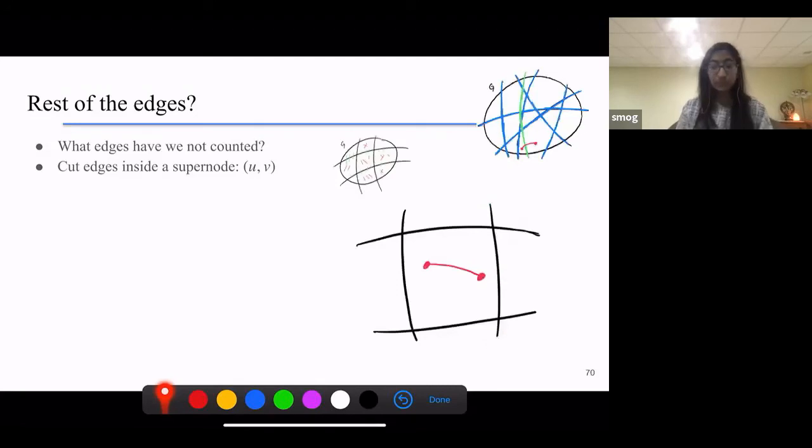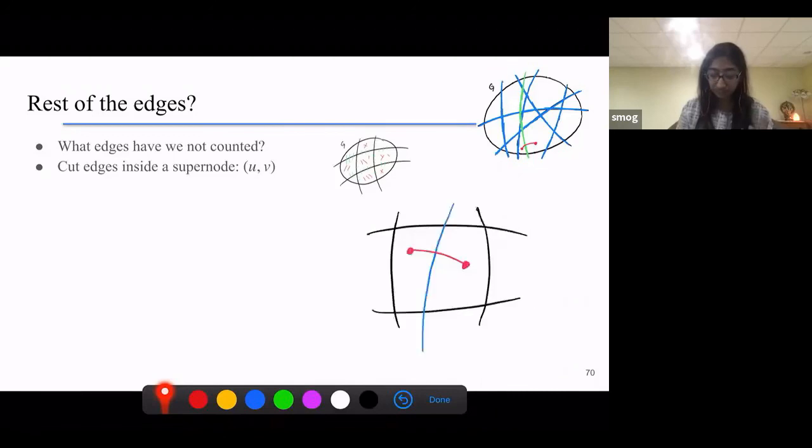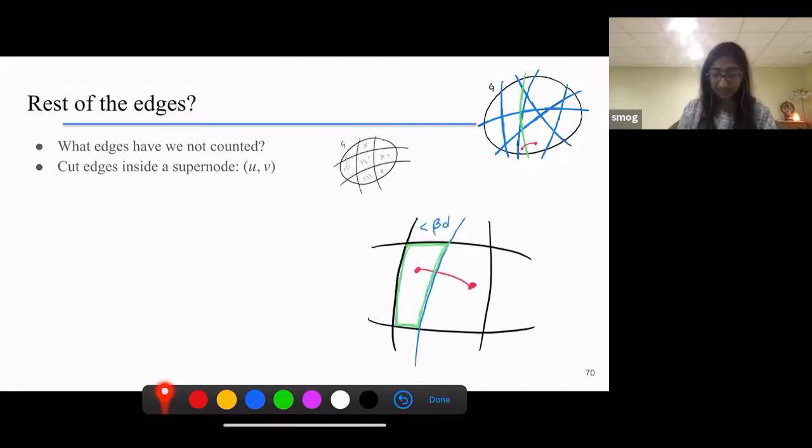So let's take some red edge and zoom in on it, and zoom in on its supernode as well. There must be some min cut which this edge contributes to, right? So let's just break the supernode with that cut, that blue cut. It turns out that one of the edges must live within a new supernode of size less than beta d.